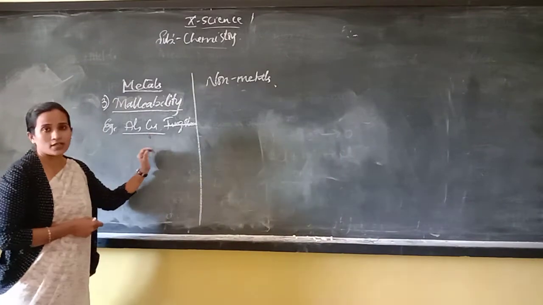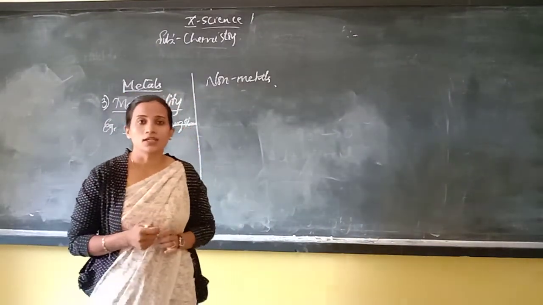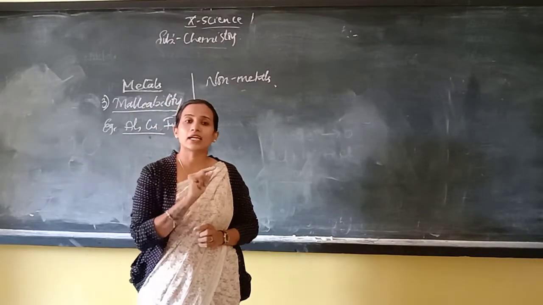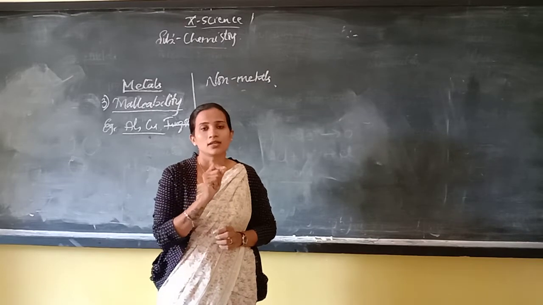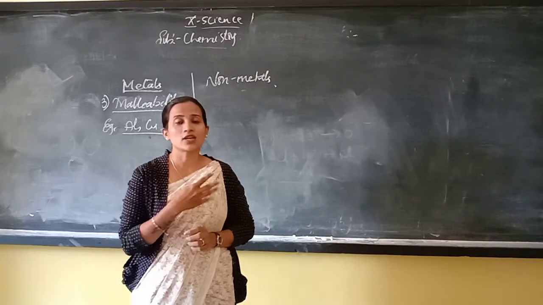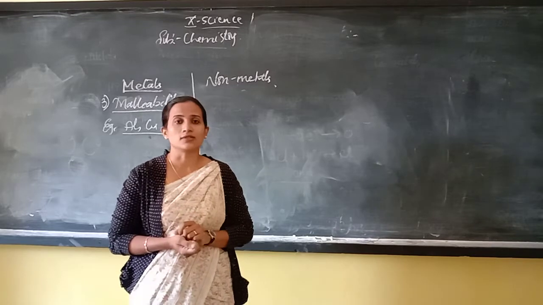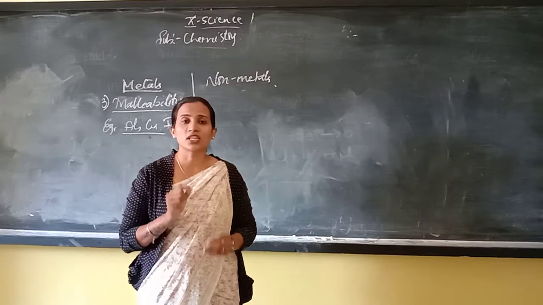Next, copper. If we see chocolates, there is a brown colour wrapper that covers them. That wrapper is made up of copper sheets. So that thin.